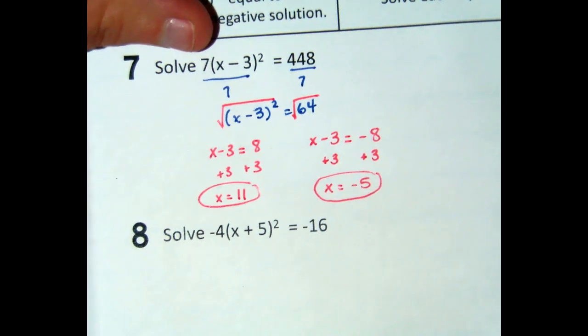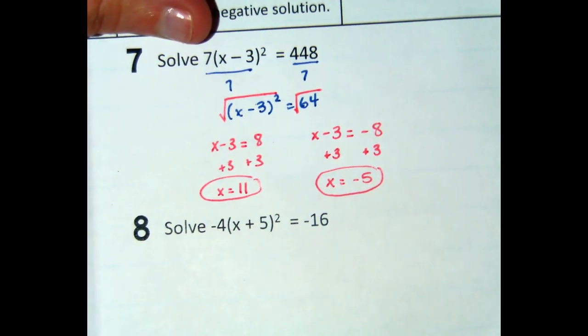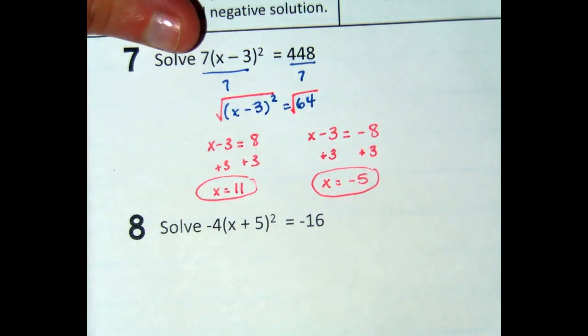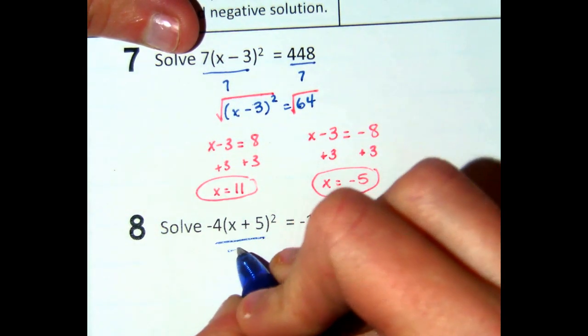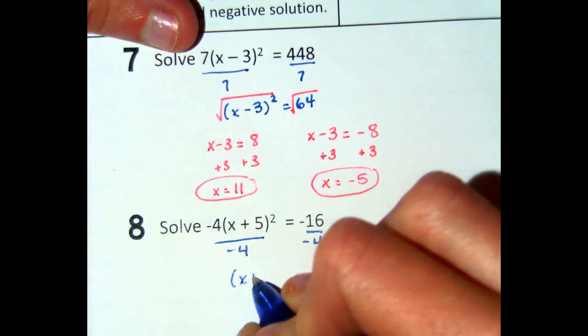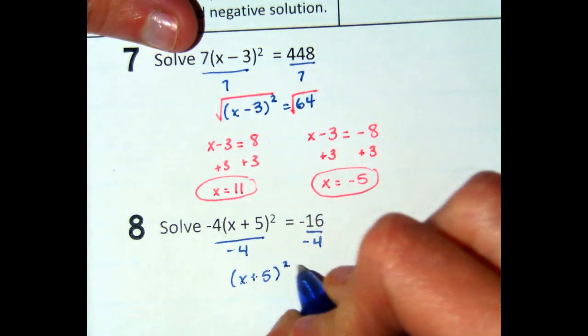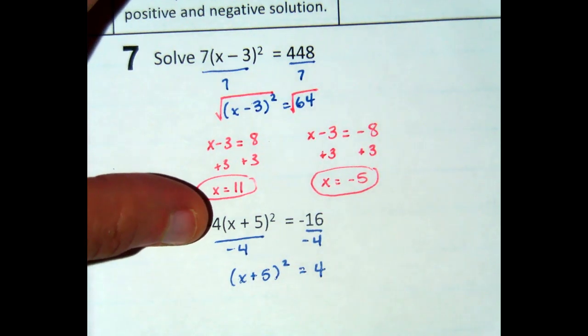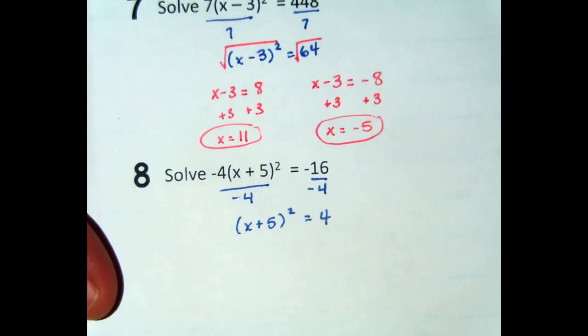Did anybody look at number 8 and think, oh, it's no solution? Is it no solution? It starts off as a negative. What are we going to do, though, before we take the square root? Divide by negative 4. What's negative 16 divided by negative 4? Positive 4. What if that had been a positive 4 right there? It would have been no solution.